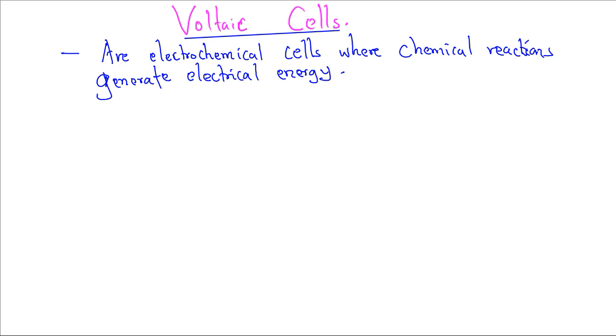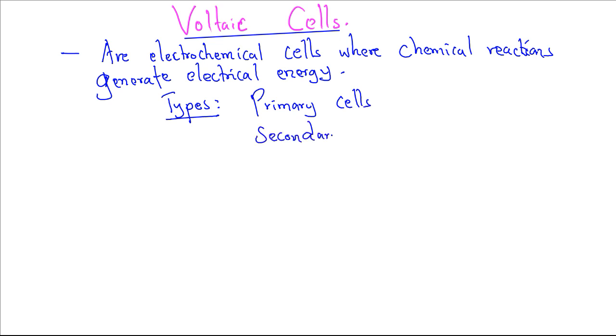There are two types of voltaic cells: primary cells and secondary cells. Let us first talk about primary cells.